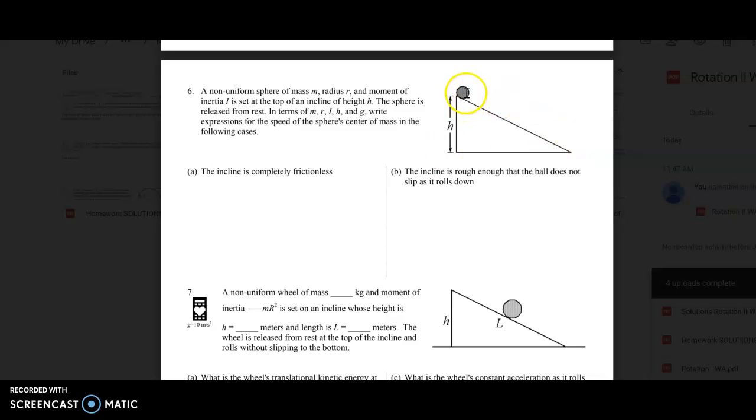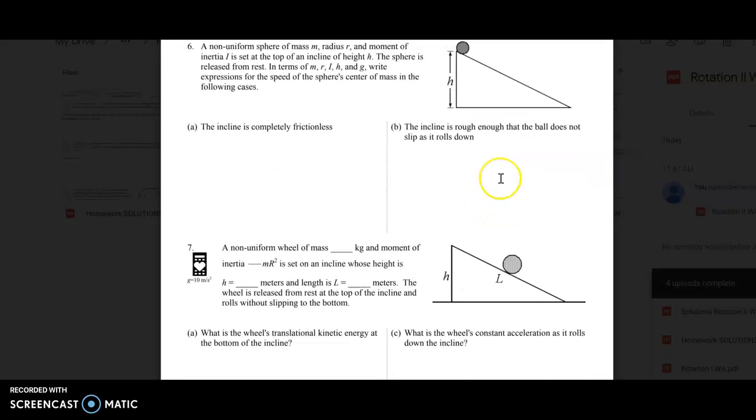So if you look up here, the radius of the ball and friction, if there were friction, it would tip the ball over and cause it to roll. If there's no friction, the ball is just going to slide down just as if it were a box. Okay, so you don't have to consider rolling at all here. But when it's rough enough so the ball doesn't slip, now you have to consider that it's translating and rotating.